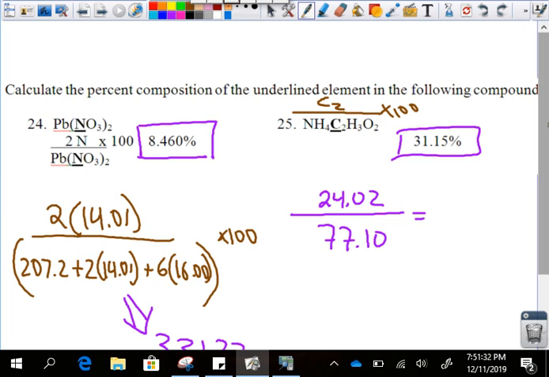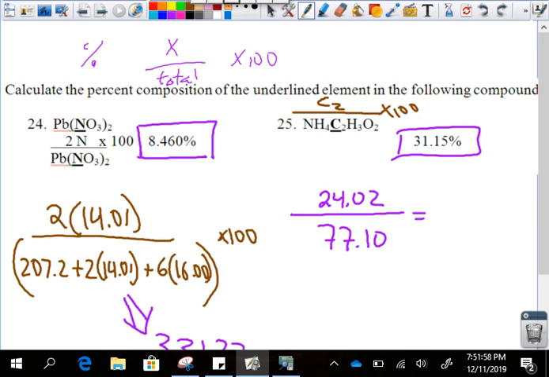Whew, finally time to do something different. If we're doing a percentage, percentages are all the same. It's always the piece you care about divided by the total, and then you multiply it by 100 to figure out your percentage. And number 24, the piece we care about is nitrogen. I would like to point out there are 2 nitrogens, because that 2 distributes.